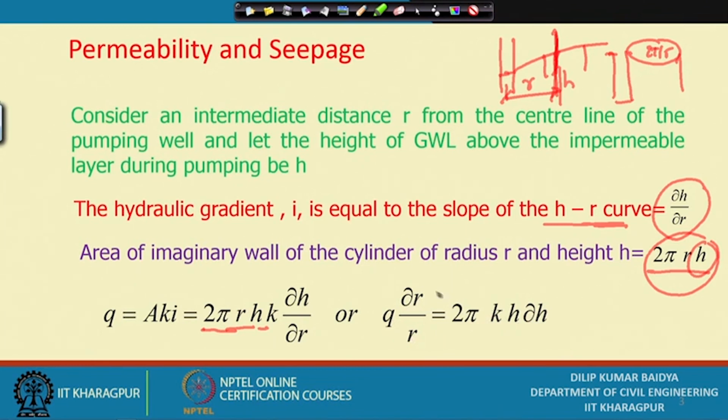So, r is a variable and h is also a variable, and other things are all constant. So, that has to be integrated.